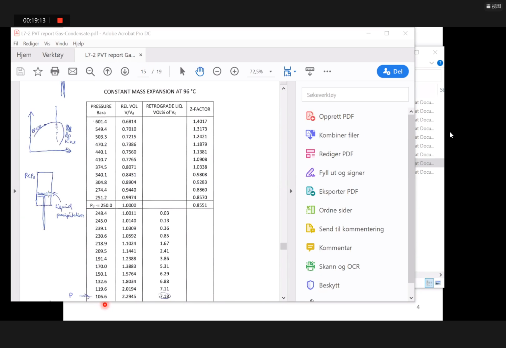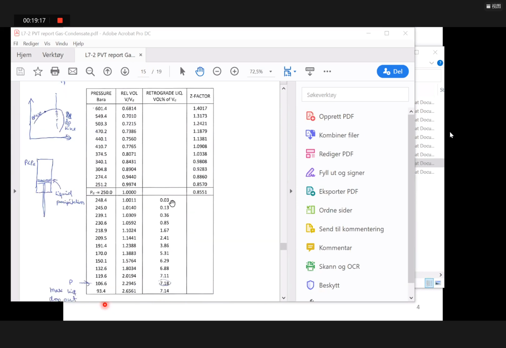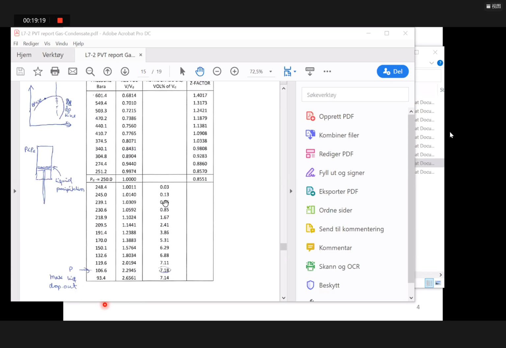So gradually we see liquid precipitation. We start at the first pressure stage with hardly any liquid, and we have up to 7 volume% liquid precipitation as we reduce the pressure. So we come up to a maximum liquid precipitation, and then we continue to further reduce the pressure, in this case 106 bar, and with further reduction, we start to reduce the liquid volume.